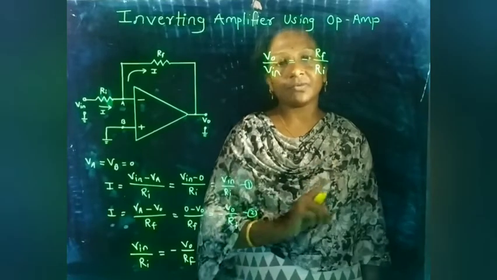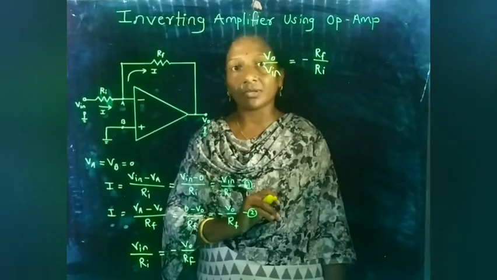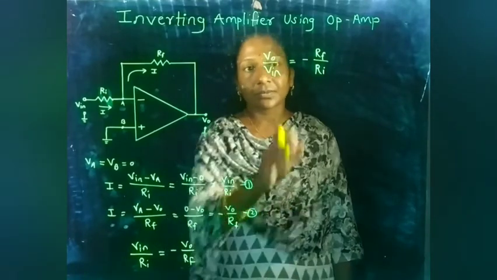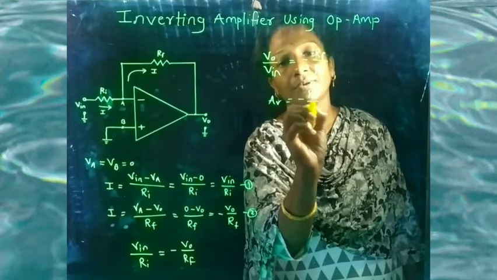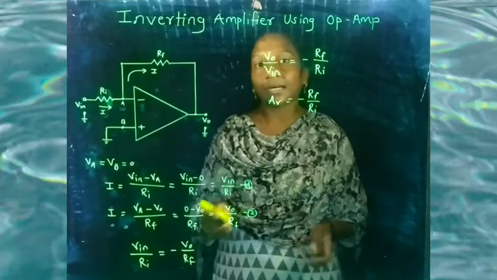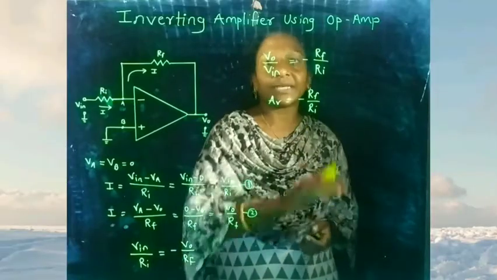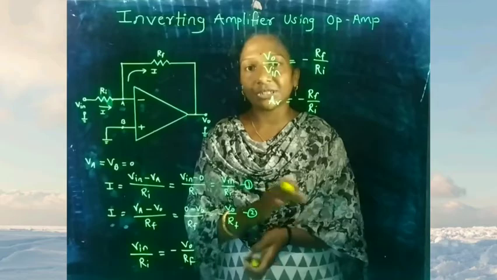As V0 upon Vi is the voltage gain of the operational amplifier, the closed loop voltage gain AV is equal to minus Rf upon Ri, where Rf is the feedback resistor and Ri is the input resistor. The negative sign indicates that the polarity is inverted.